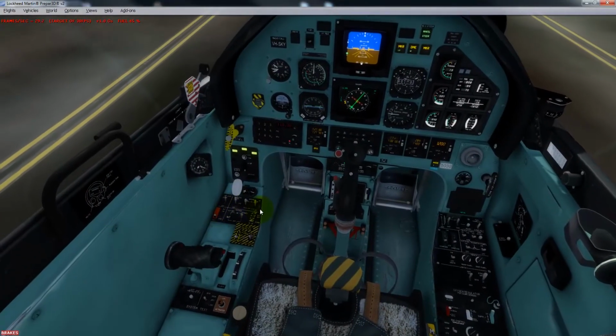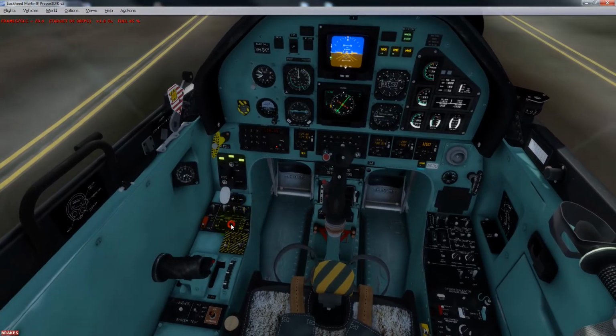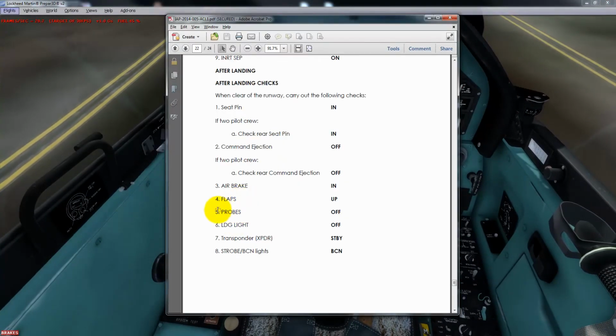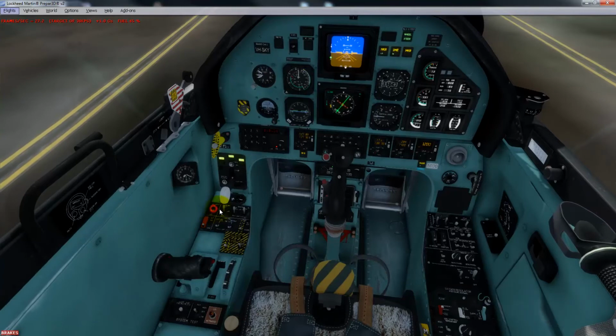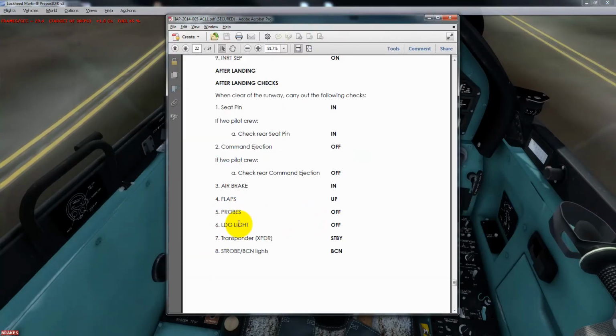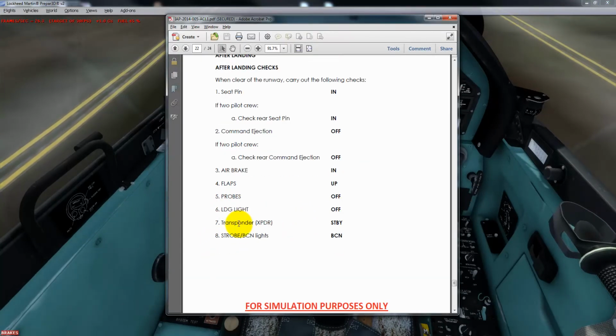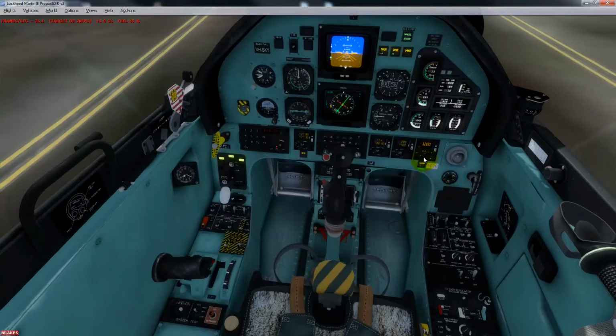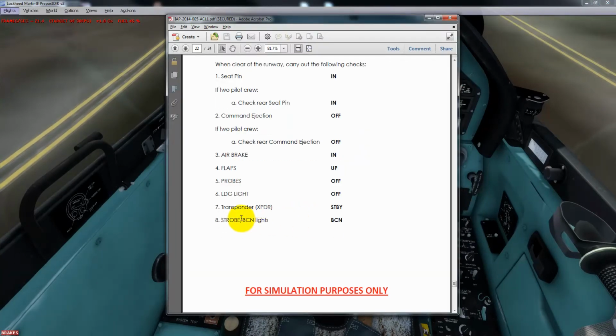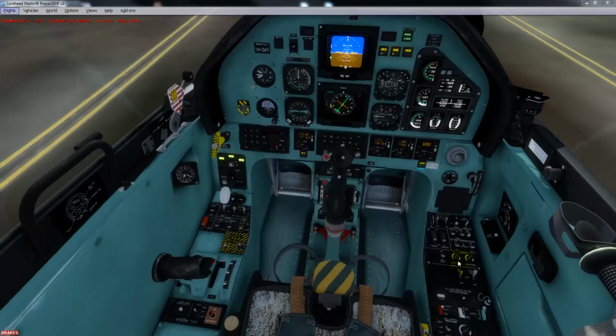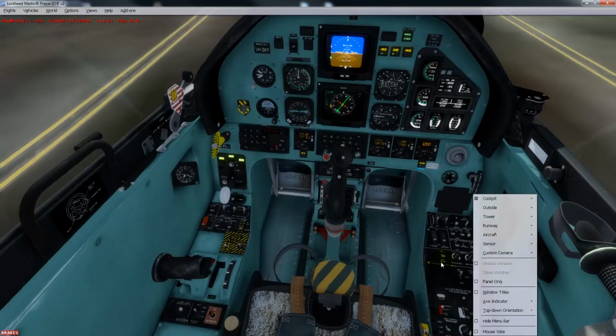We can turn our probes to the off position. Our landing light can come off if we're not using it for taxiing. Our transponder would go to standby, and our beacon light to beacon.